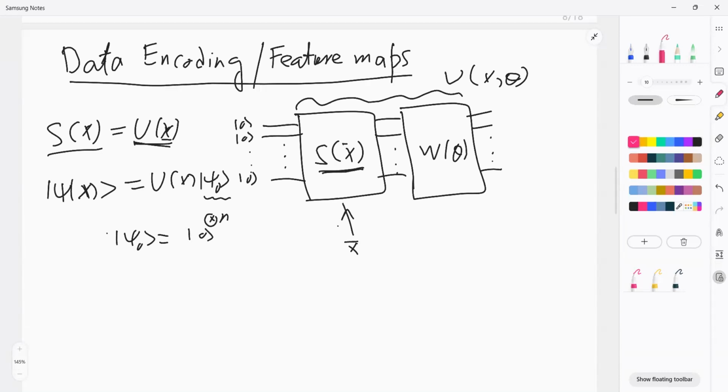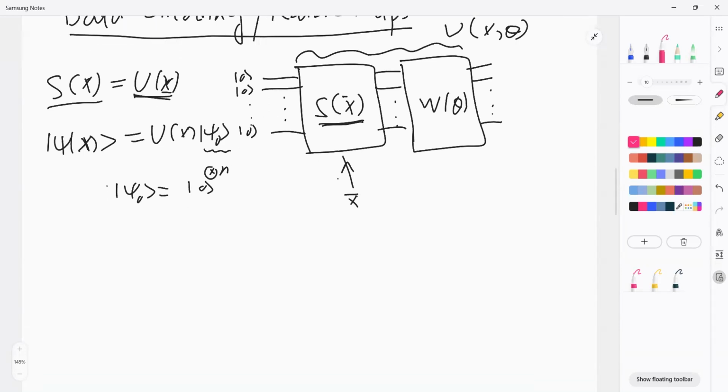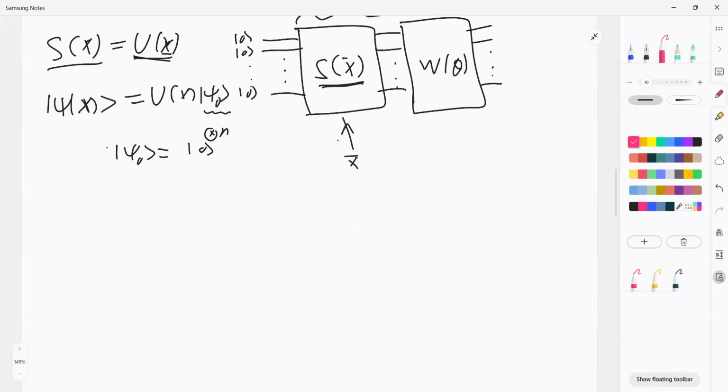All right, so let's talk about data encoding and feature maps now. Let me just say that data encoding or feature maps can be thought of in two equivalent ways. They are both equivalent, and in some techniques one way of thinking is better, and in other techniques the other way is better.